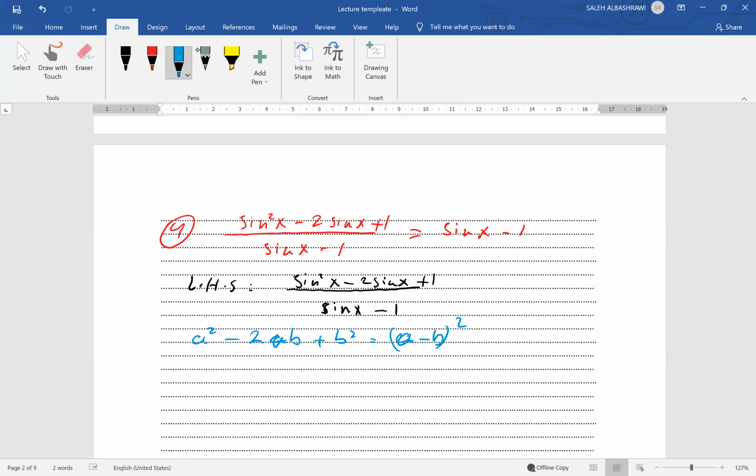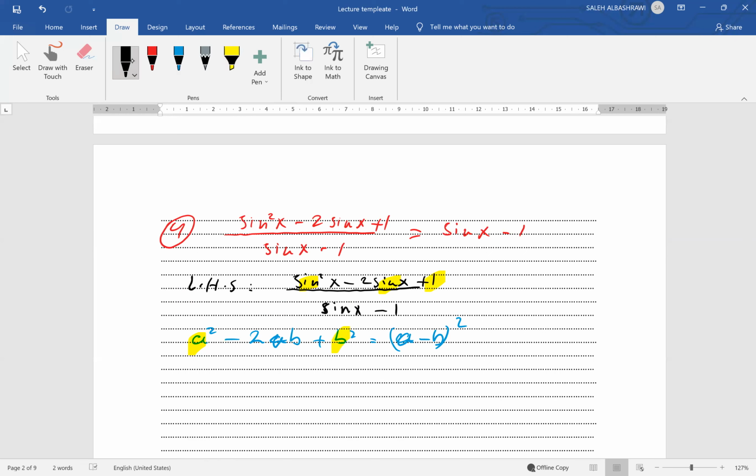This is perfect square, or I can complete square. I have sine square, so a is equal to sine. 2ab, this is 2 is there, and I have sine x multiplied by 1, and b is equal to 1.